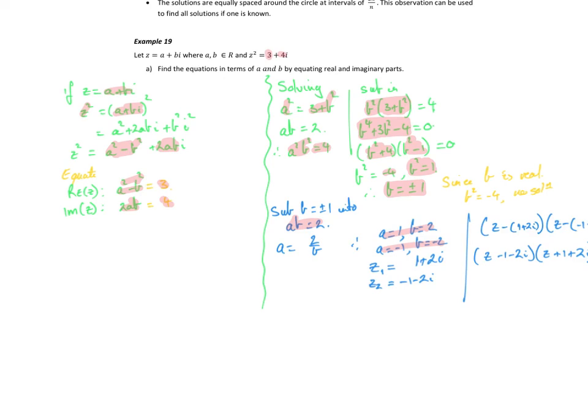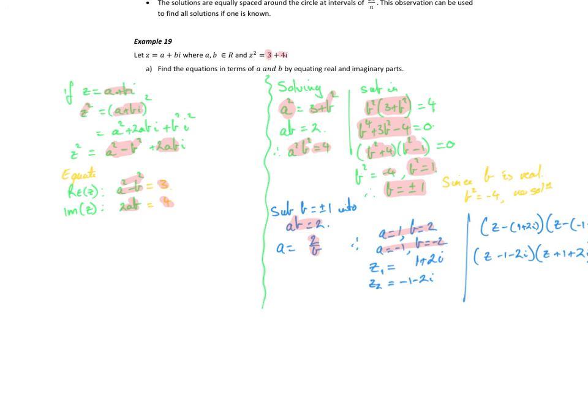If you substitute that B into the first equation, the A squared, you'll end up with a couple more plus or minuses, and that'll give you far too many solutions. So in this instance, we need to be a little bit more judicious about what we substitute into, because it's a Z squared, so there's only 2 solutions, which is why, to make sure we get the right 2 solutions, we'll substitute into the AB equal to 2.